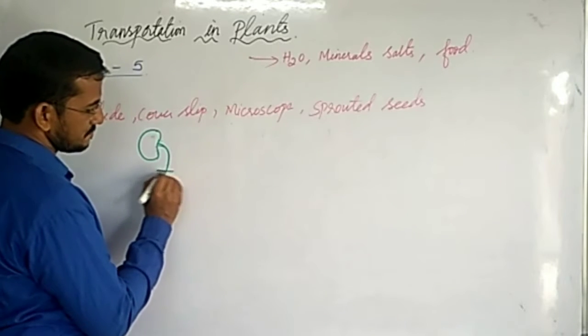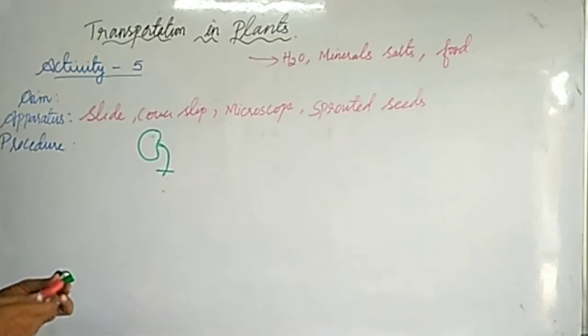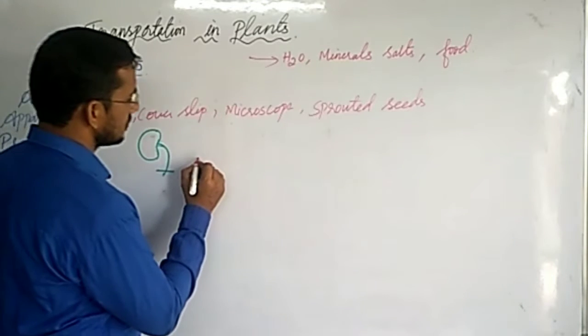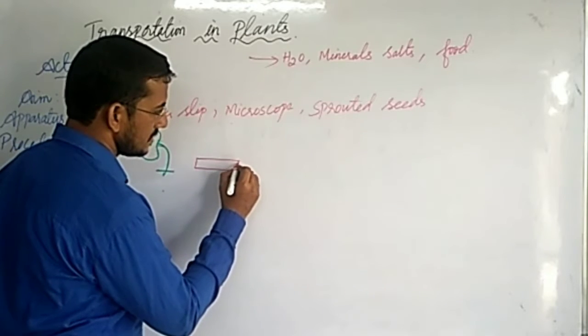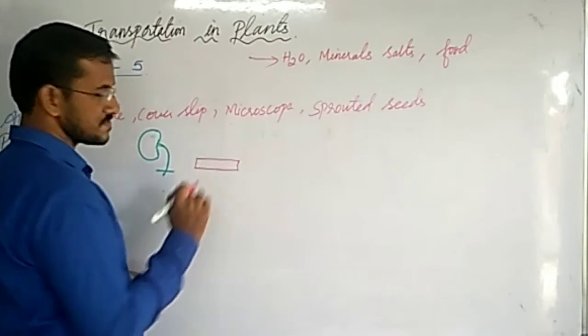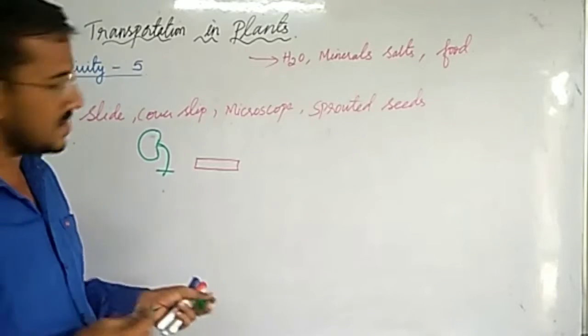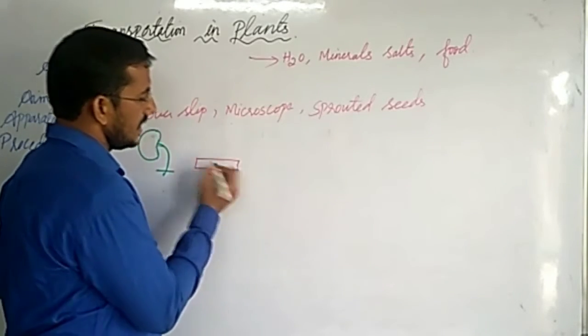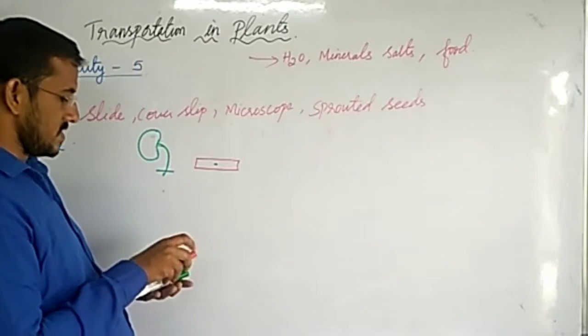Take this part and keep it on a slide. A slide is a thin, transparent glass material. So keep this piece on a slide and press it with a cover slip.